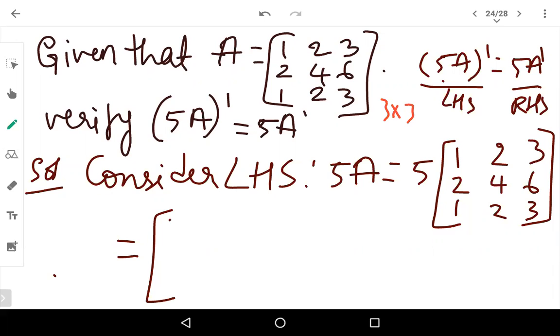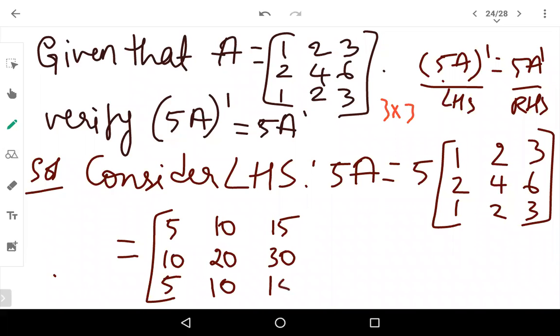Five into 1, 5 ones are 5. 5 twos are 10. 5 threes are 15. 5 twos are 10 again. 5 fours are 20. 5 sixes are 30. 5 ones are 5. 5 twos are 10. 5 threes are 15. So this will be the matrix for 5A. Aina, check the last one once again. It's 1, 2, 3, not 1, 1, 3. Okay, so this is the 5A.